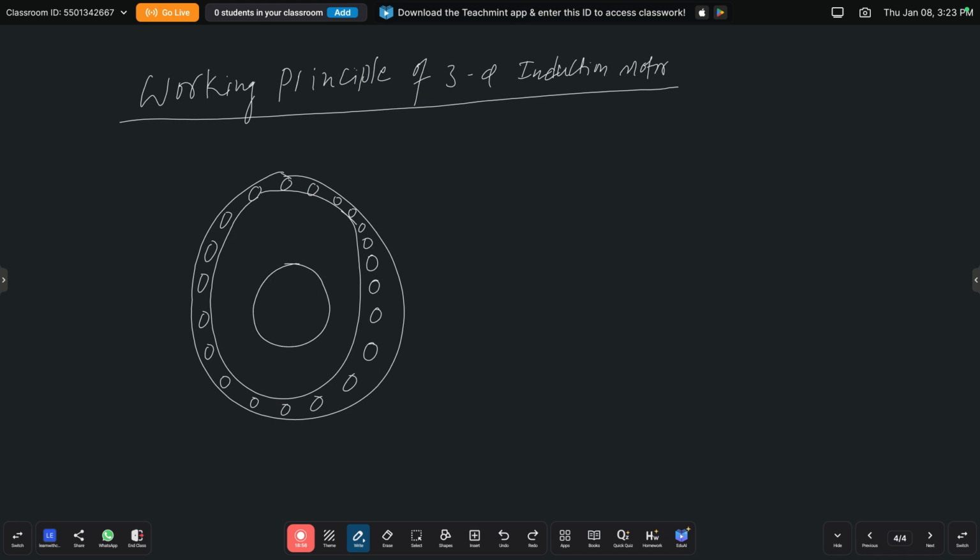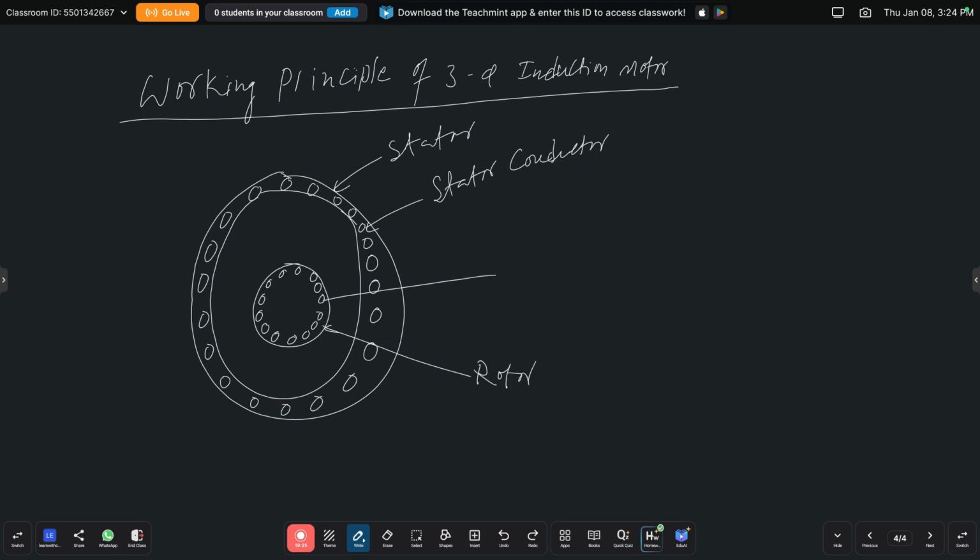Inside of the stator, the rotor is placed. This is the rotor conductors, or rotor conductor bars, rotor bars.